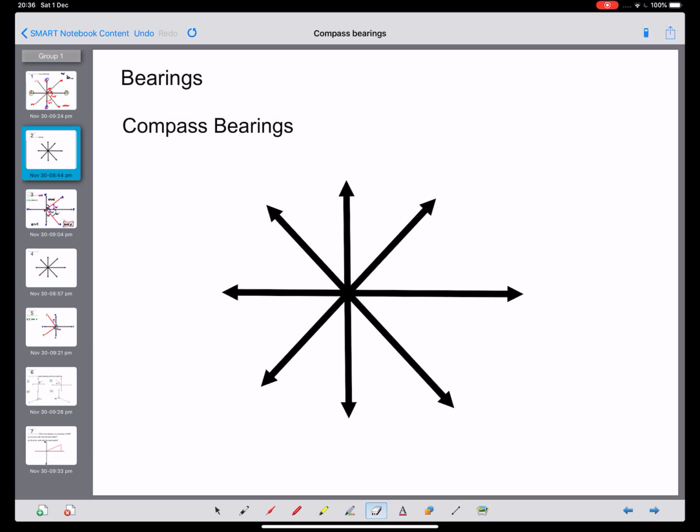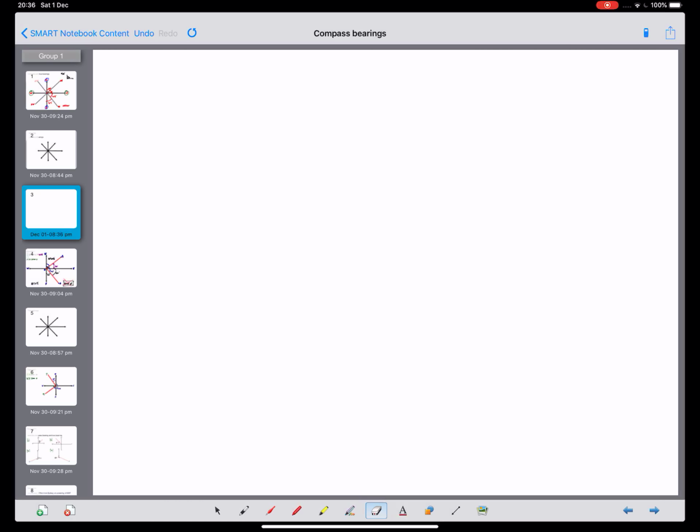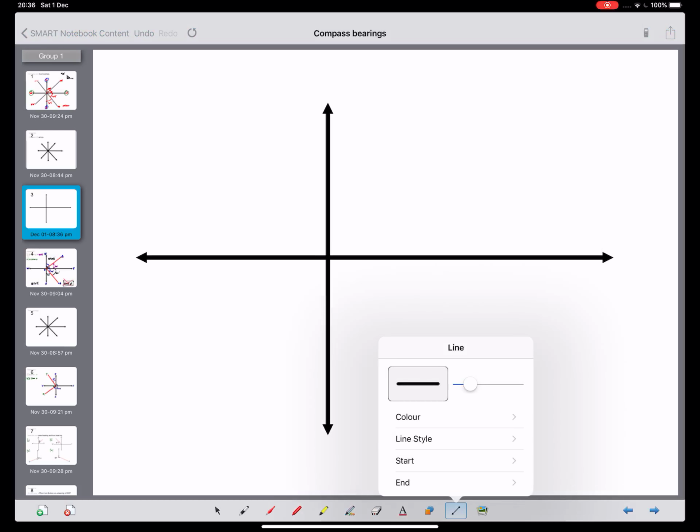Okay, so I'm going to give you a direction, and I want you to write this as a compass bearing.